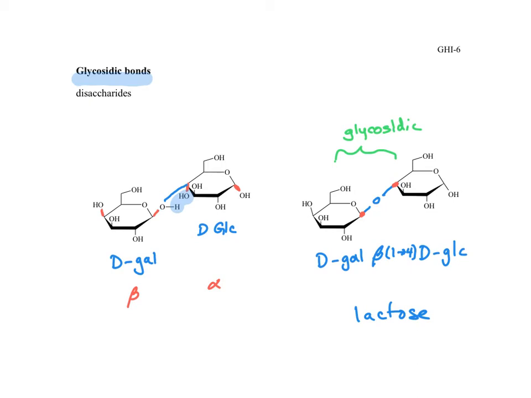It is now stuck. Remember, we said you can only linearize a cyclic sugar if the alcohol is free. Well, this anomeric alcohol is no longer free, and therefore the sugar on the left cannot mutarotate. It cannot linearize, and it's not able to do the Tollens test because it's stuck as a beta.